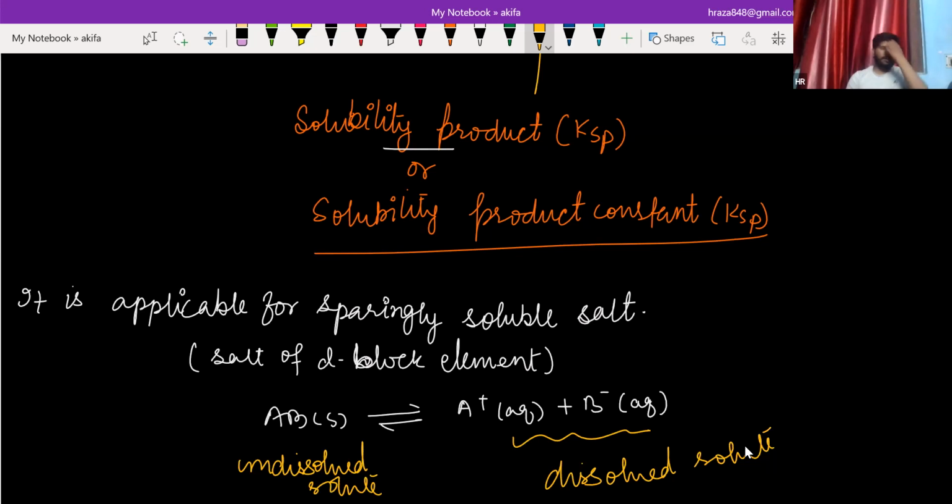You know that a salt which does not dissolve is in solid state, and when it is dissolved it will be in aqueous form. It will be dissociated into ions.